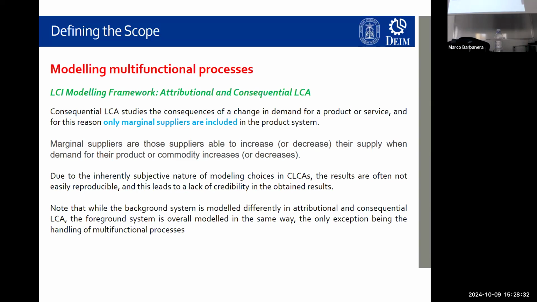I repeat that in the goal and scope definition, we have to define the hypotheses of the study, in particular according to the 6 points that we have seen in the scope definition: function of the study, functional unit of the study, system boundaries, cutoff rules, data quality requirements, and modeling of multifunctional processes, okay? We have seen these 6 points.